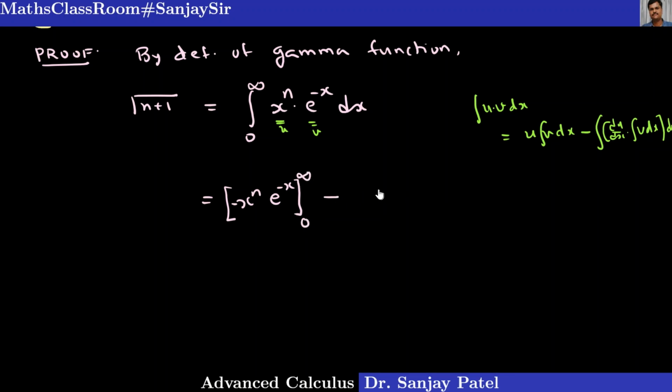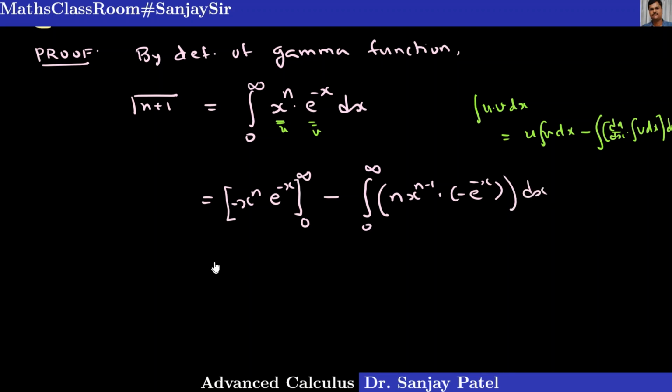Minus the integral from 0 to infinity of du by dx, that is the derivative of x raised to n, which is n into x raised to n minus 1, and the integral of e raised to minus x, which is minus e raised to minus x, into dx.